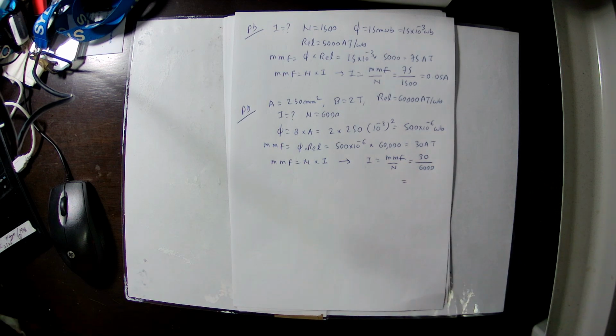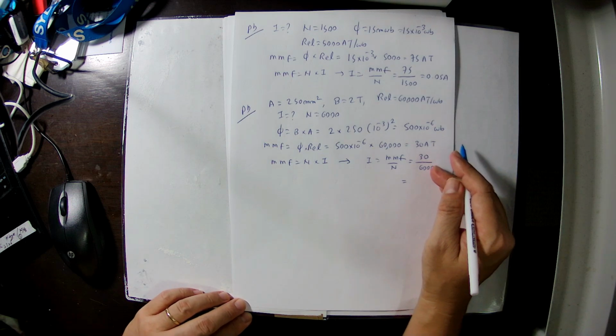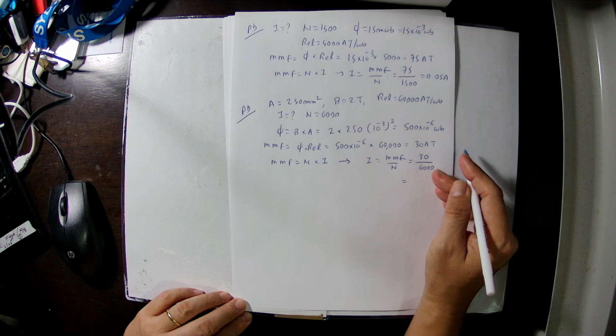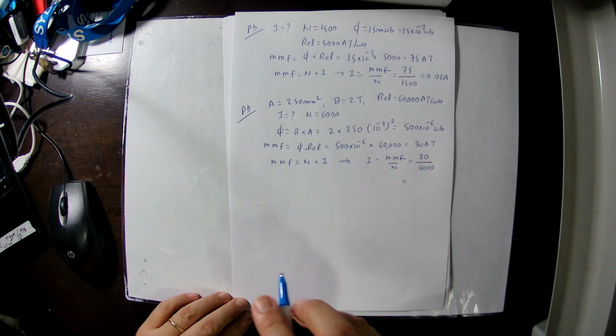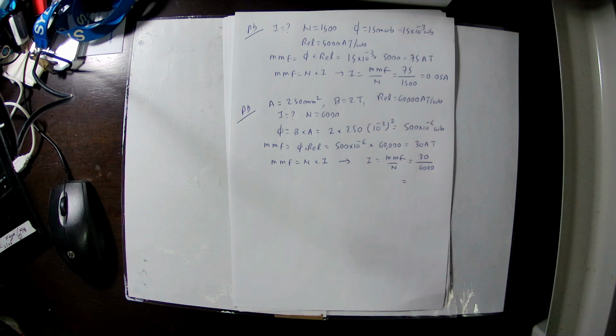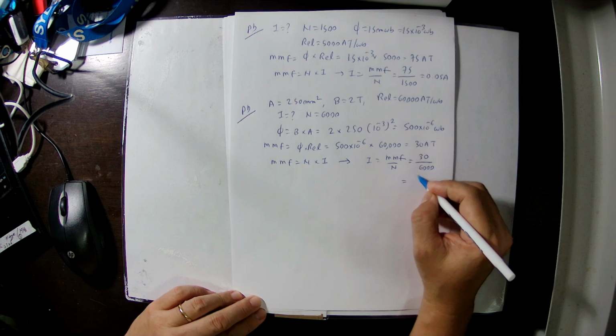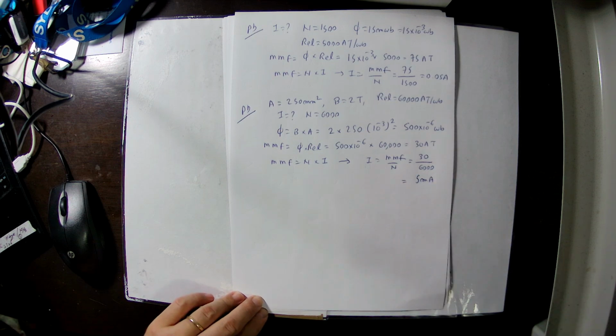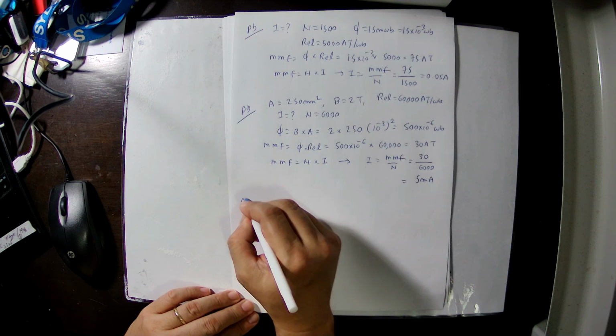So the current will be 5 milliampere. So this is the way we can calculate current. Next problem.